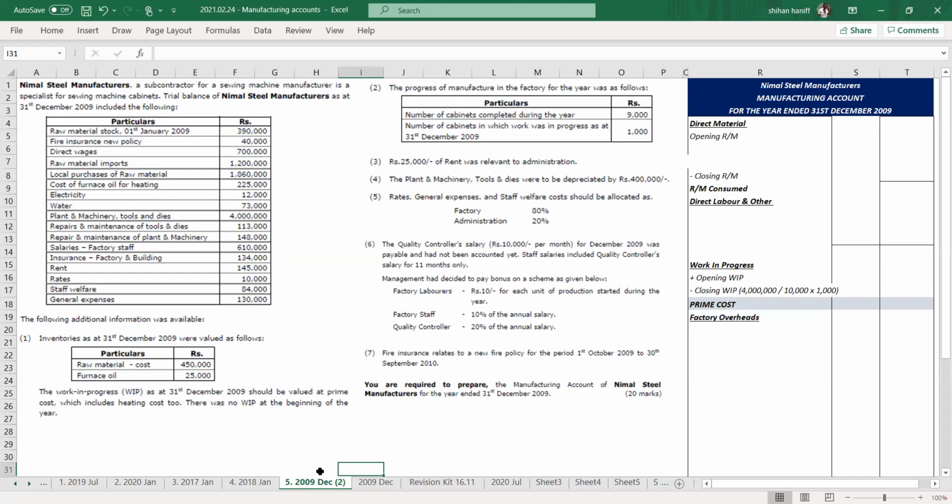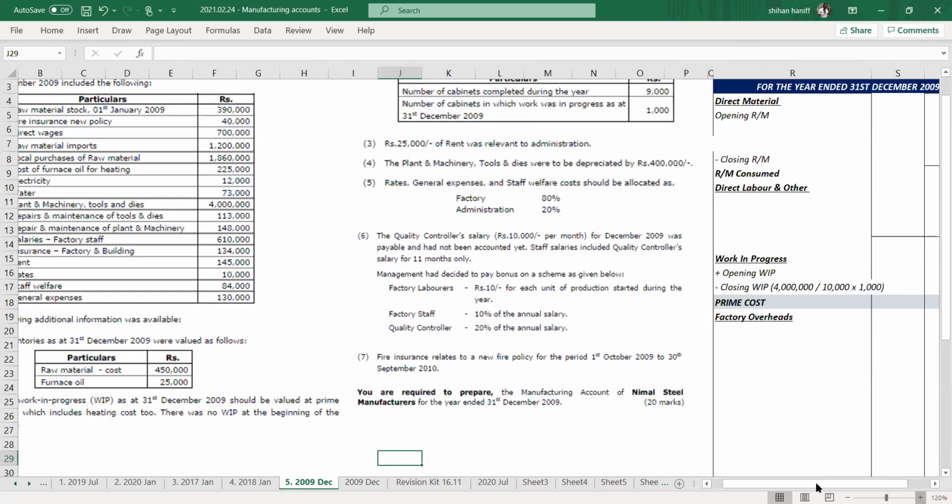This is question 5. The question. First, I will read the question.